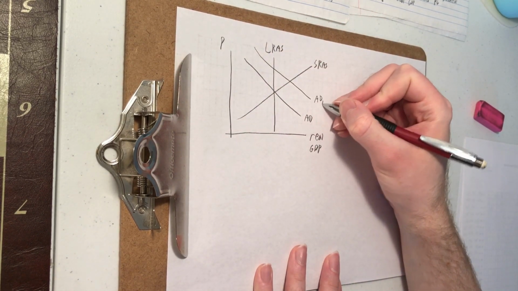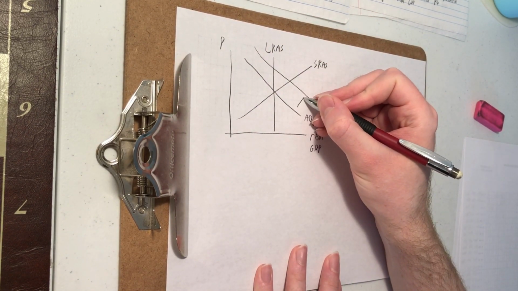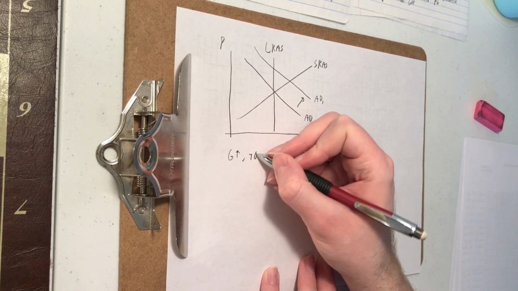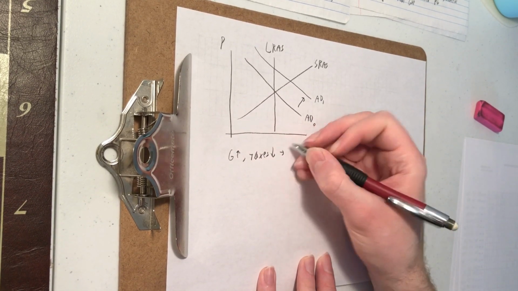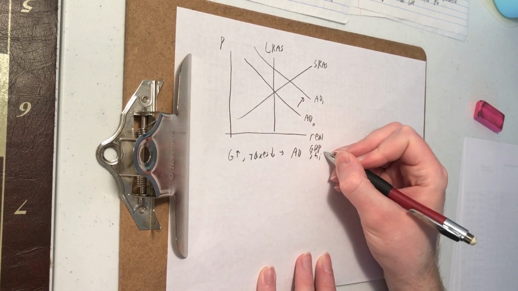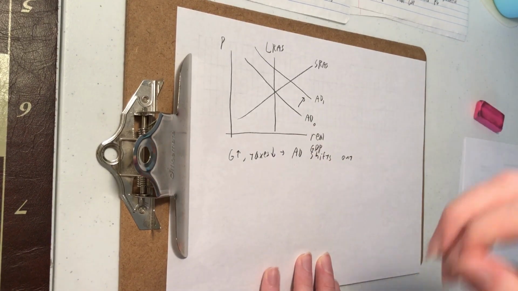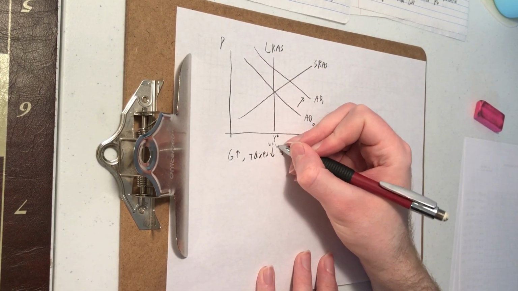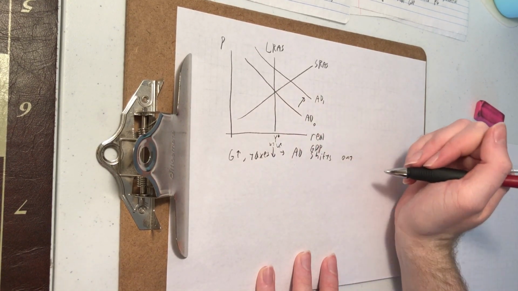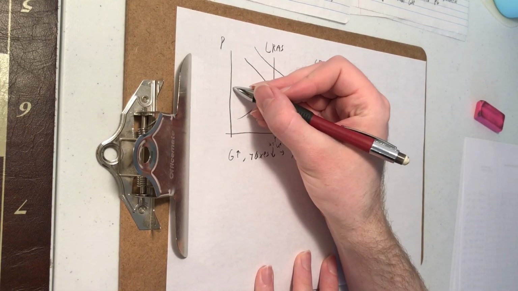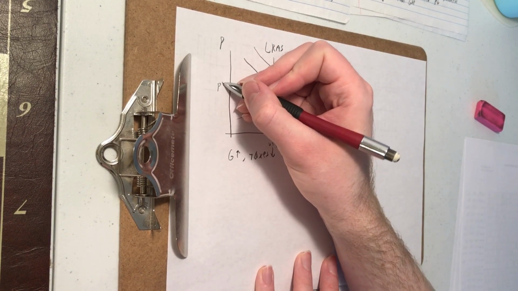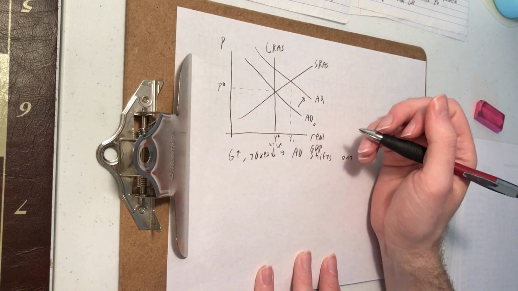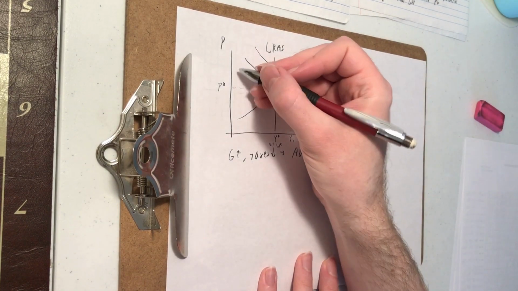So in the short run, AD shifts out for the reasons that we just talked about. So that's going to take us from Y star and unemployment rate U star, and this is P star, out here to Y1 and P1.